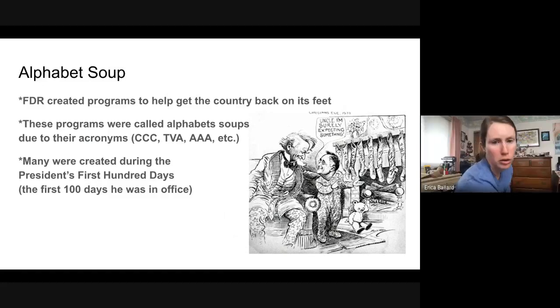So it was just in the newspaper today, guys, that President Trump signed a bill to be able to make more hospital stuff quickly. So a lot of times presidents have to take emergency steps to get things to happen. So that's what Franklin Roosevelt was doing.